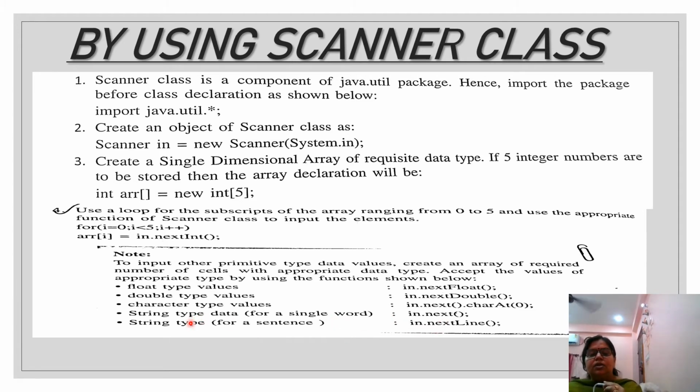And in the string type, for a sentence, suppose Ram is a good boy, you are going to use in.nextLine(). If you use more than one word, you have to use nextLine. If you use a single word, it is next. If you want only one character, it is next().charAt(0), at 0 position.